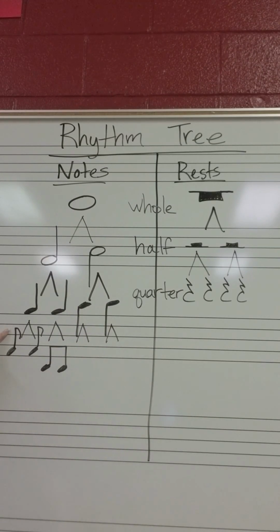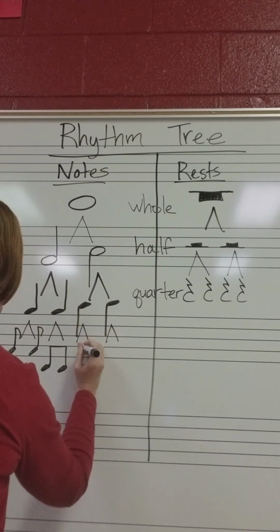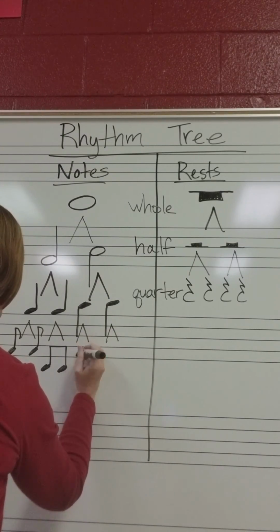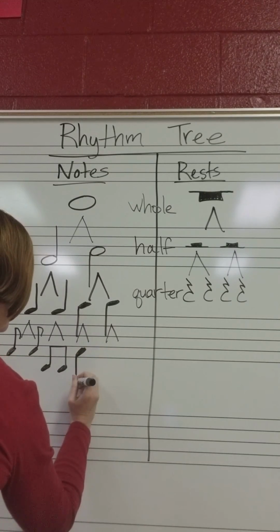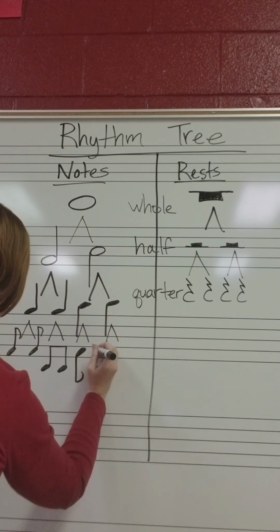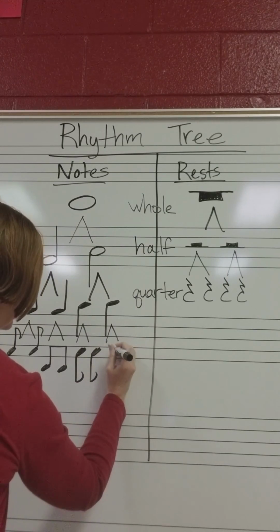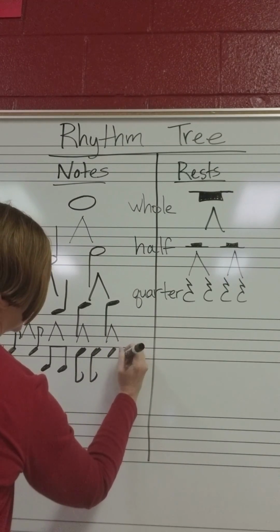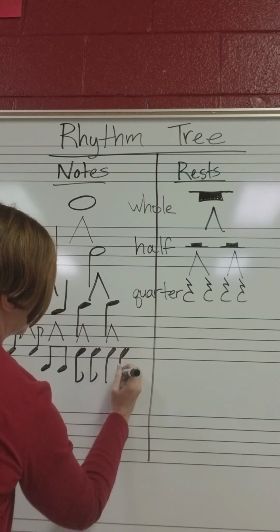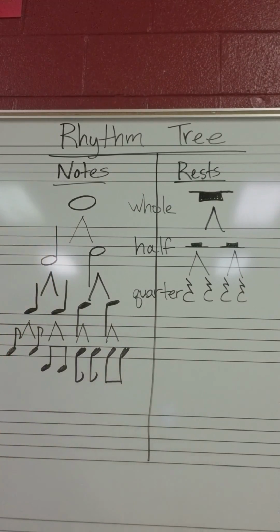So we've got single eighths with one flag, and then we've got a pair of eighths with one beam. So when your stem goes down, the flag will still fly to the right if you are drawing singles. And you can still beam it together when the stem's going down.